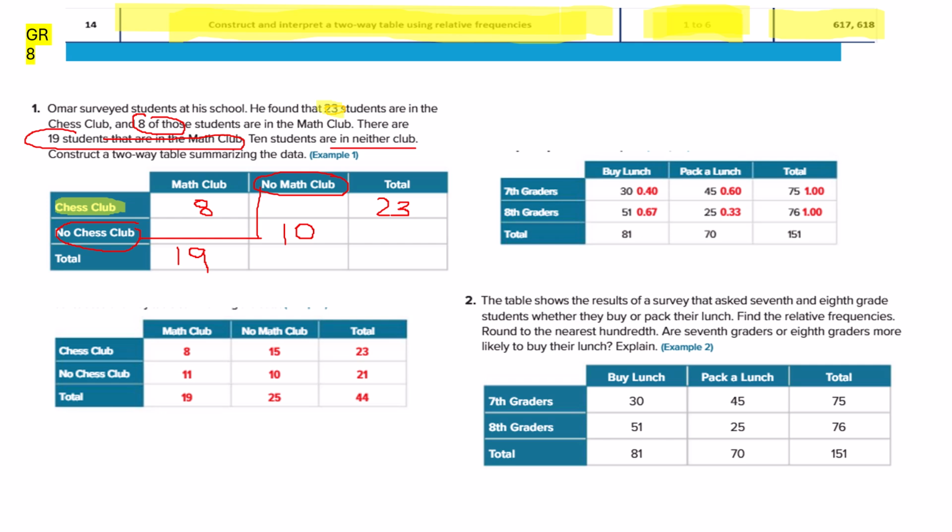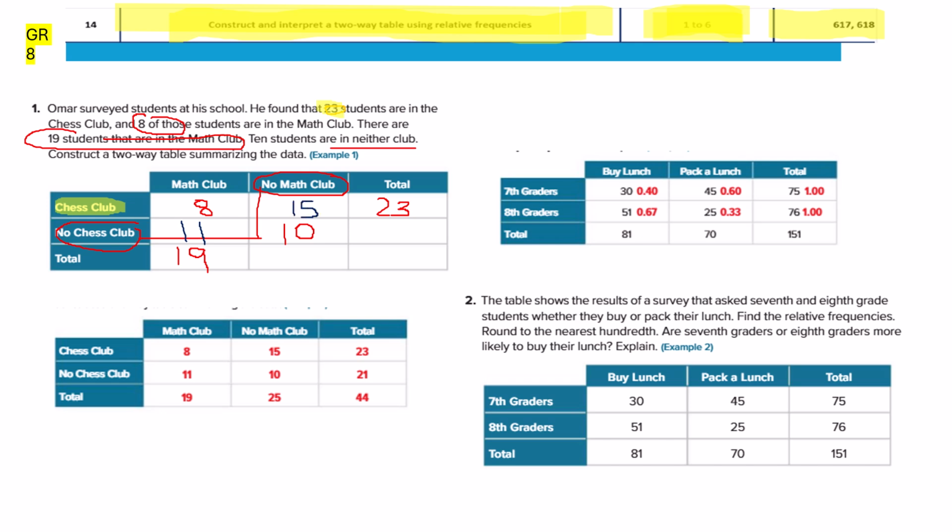So we know that in order to get the information, all we need to do is either add or subtract. So the easiest one to start with will be 19 minus 8, which will give me 11. And then I will take 23 minus 8 will give me 15.